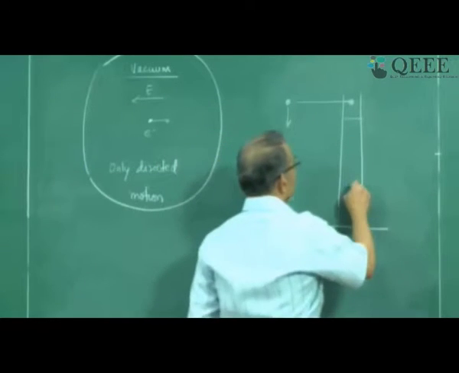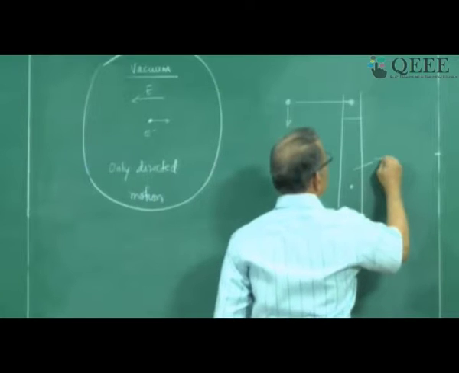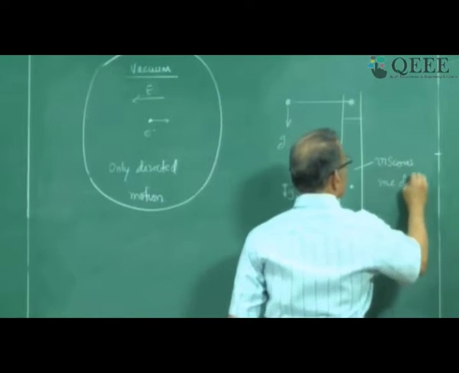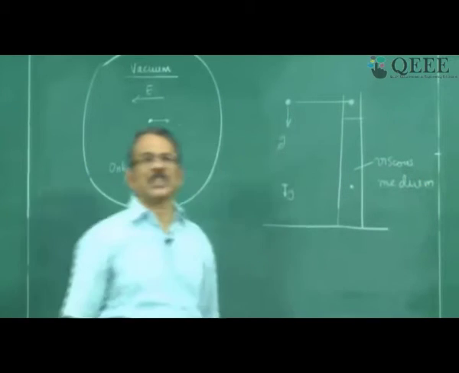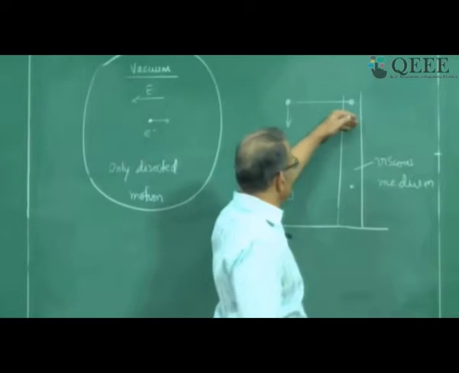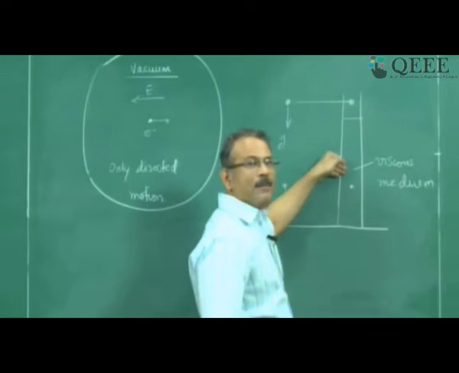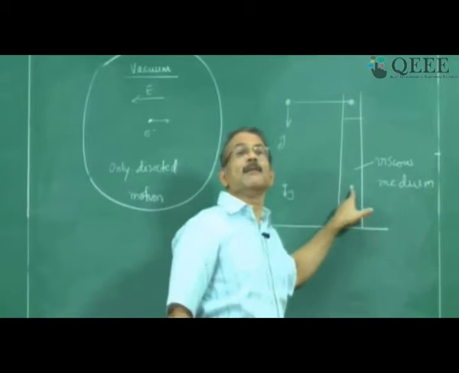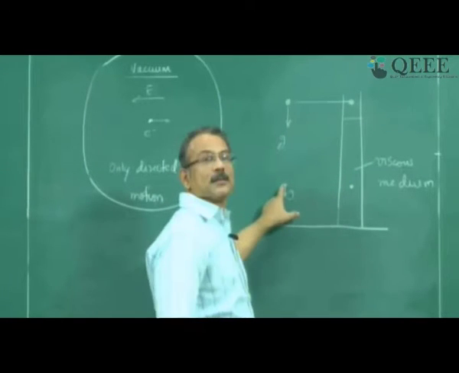This is a viscous medium, oil for example. You might have done this experiment in physics. If you drop the ball in a viscous medium like oil, after traveling some distance it will reach a constant velocity, it will not accelerate like this.